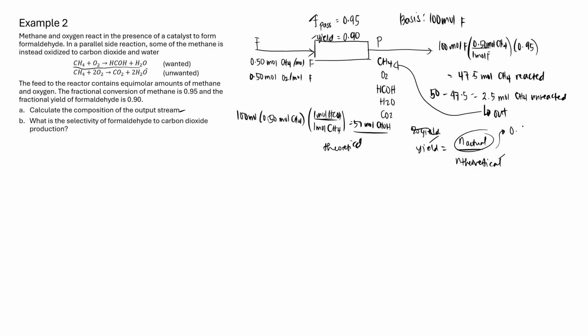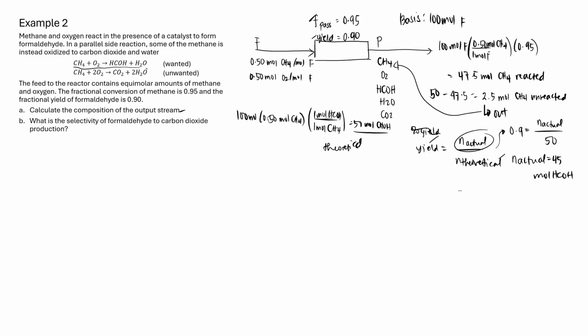So that's 0.9 equals number of moles actual over theoretical, which is 50. So that's just 50 times 0.9. Actual number of moles is 45 moles formaldehyde.